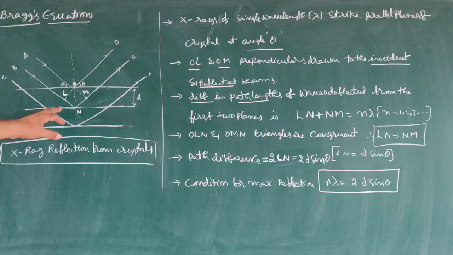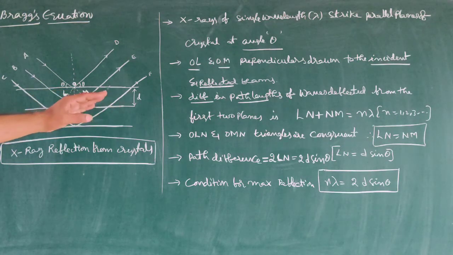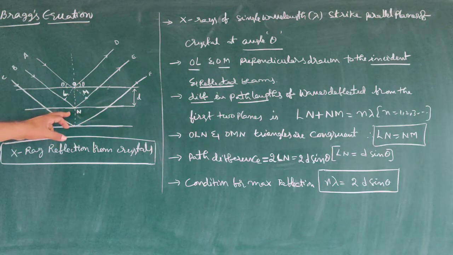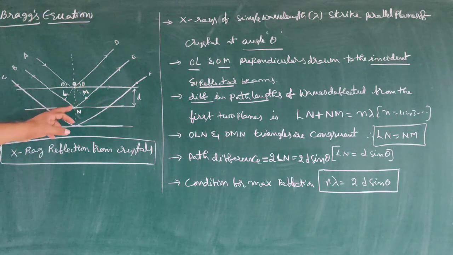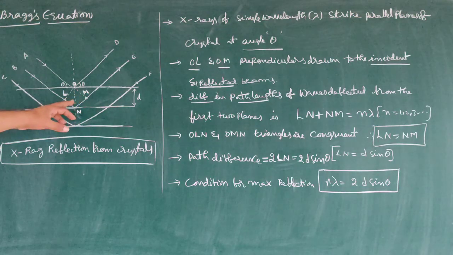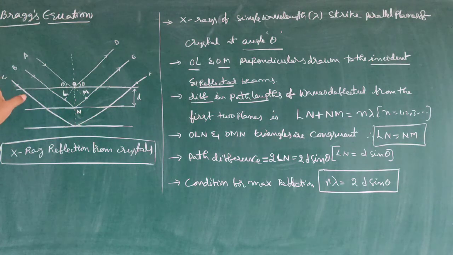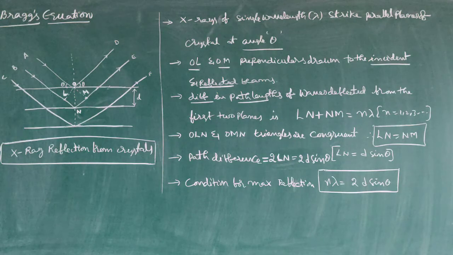The difference in path lengths of waves deflected from the first two planes is, suppose this is LN, this is NM. The difference in path lengths, LN plus NM, is equal to n lambda according to Bragg. Here n represents 1, 2, 3, 4, and so on.